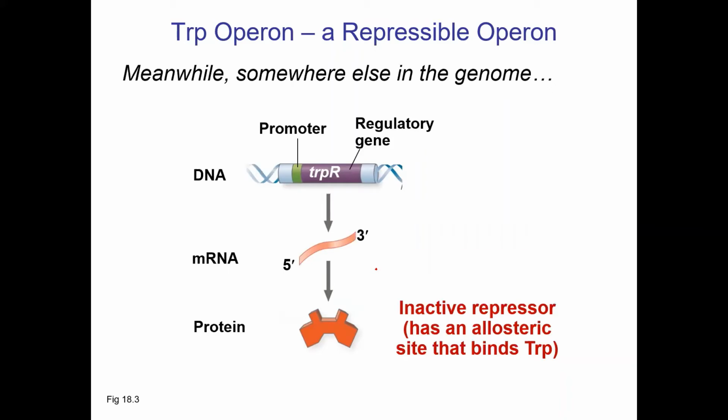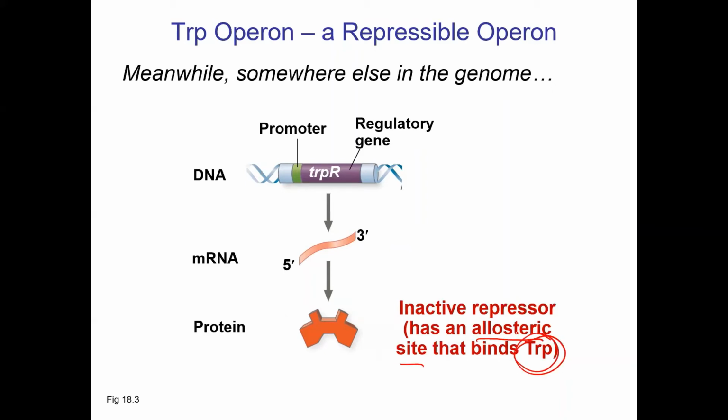Like I said, this is somewhere else in the genome, and it's just a gene, and it's being made into RNA by RNA polymerase. Then a ribosome is making this little protein. And this little protein, you can see here's a note, has an allosteric site that binds tryptophan.